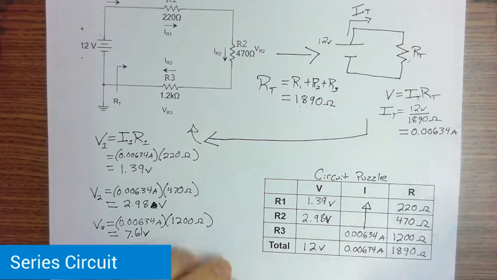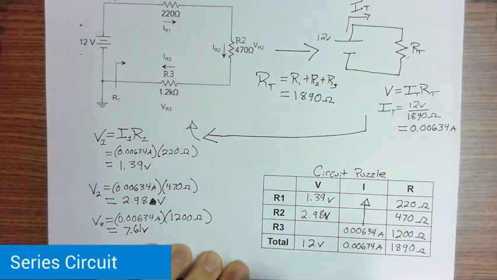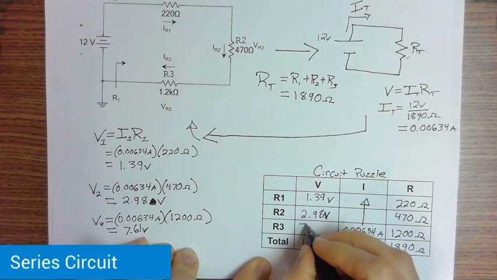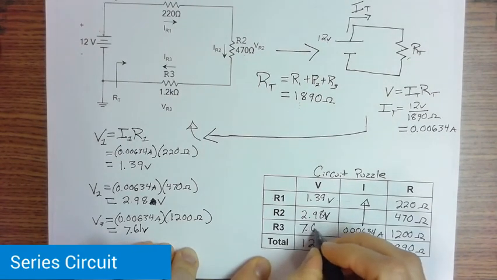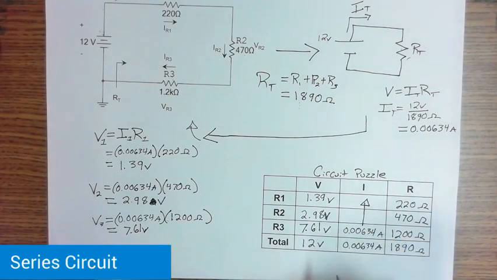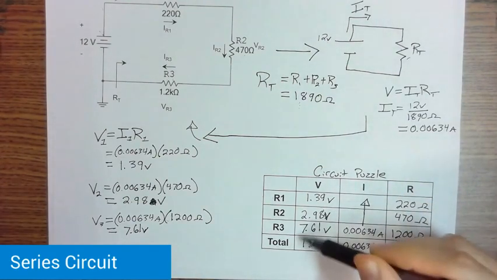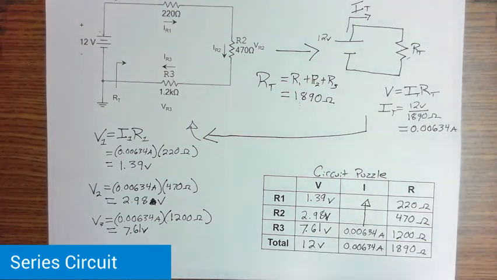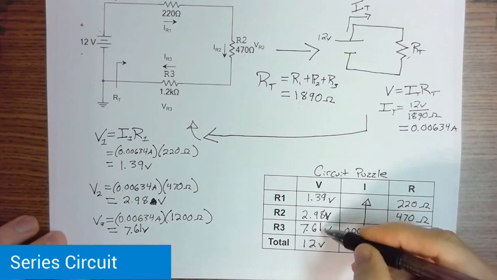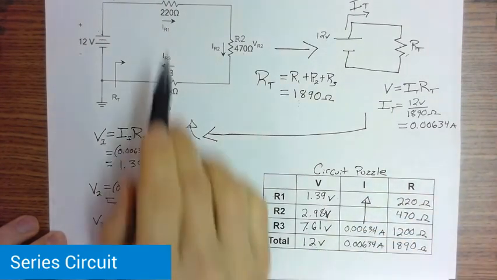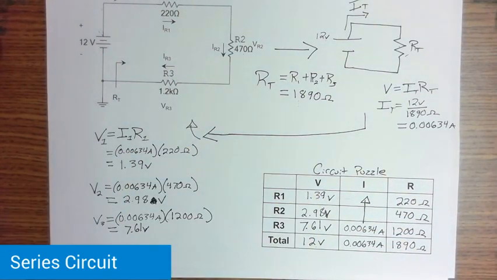And then the amount that we have left is what we drop over resistor number 3. So either way we do this, by subtracting those two numbers from our total or by calculating it, we should get 7.61 volts. And if you round it, it might be 7.63 or 60 or something like that. But those three numbers should add up to your total. We've dropped all of our voltage across each of those components.